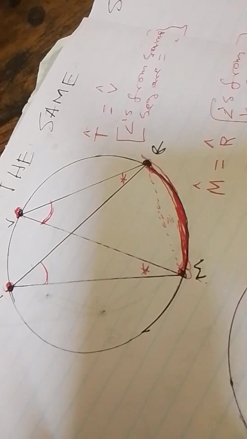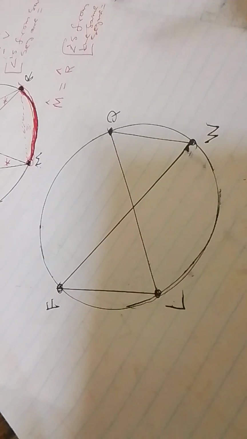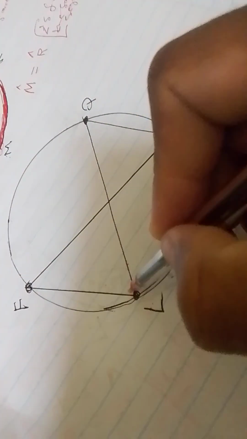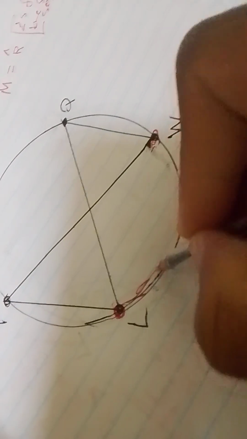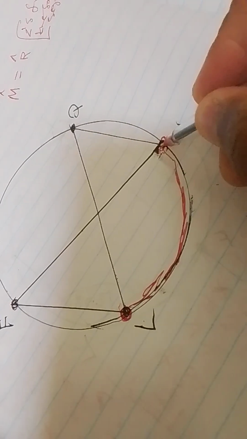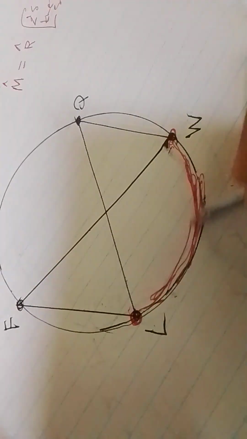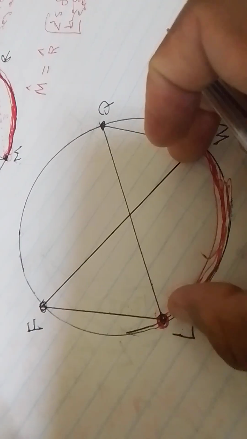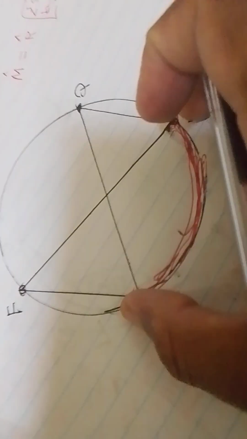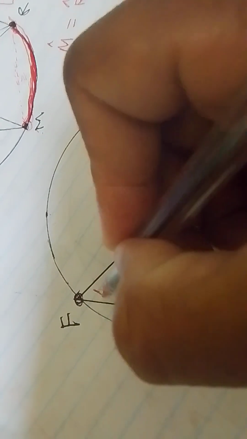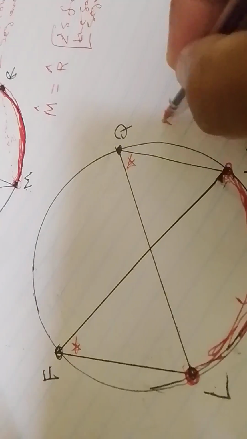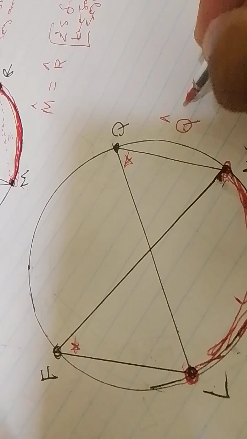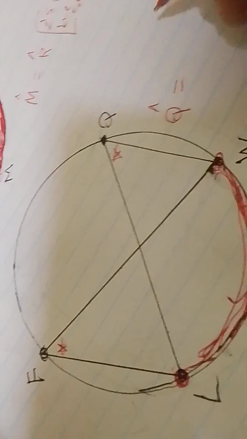And then even here, from LW, which means from this arc, I have angle F subtended and angle Q subtended. So these two angles, this one should be equal to this one. We say angle Q, remember you are not allowed to say angles from the same arc.